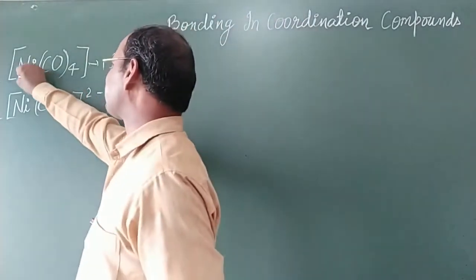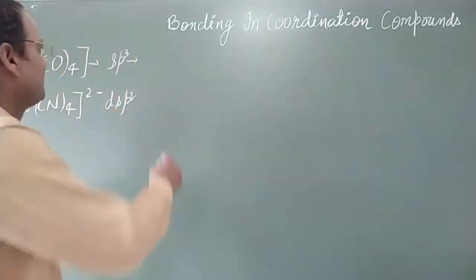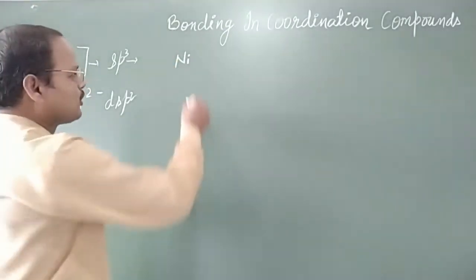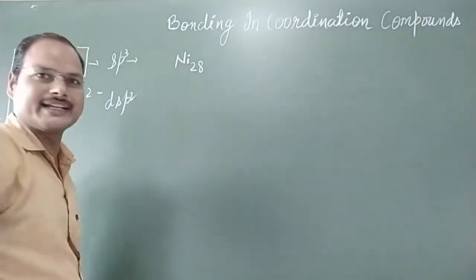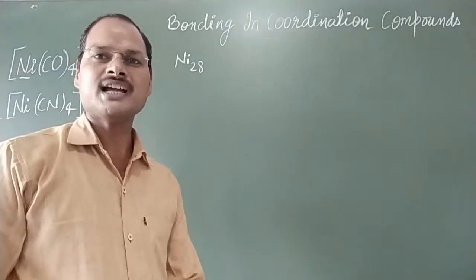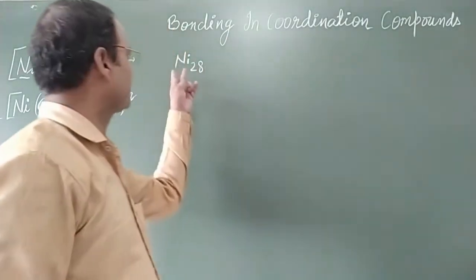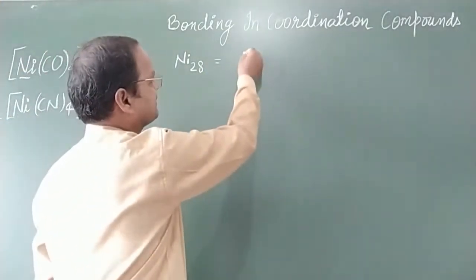Here, in this case, central metal atom is nickel. And as you know that it is having 28 atomic number, means 28 electrons are there, and the outermost shell electronic configuration for this atom I am writing here in the form of boxes.